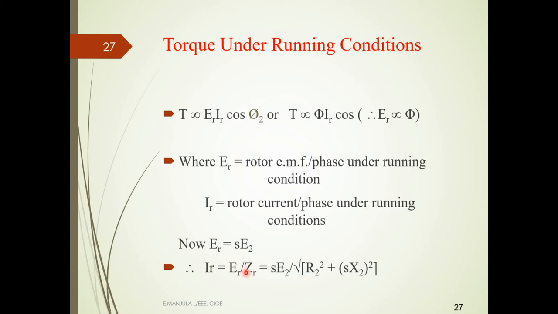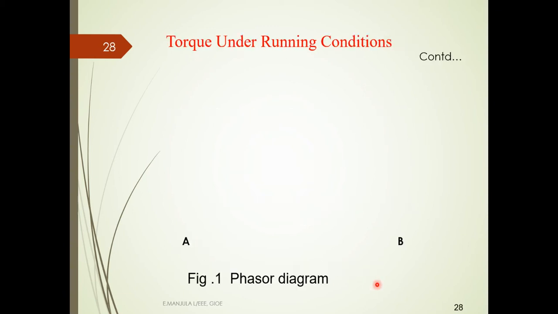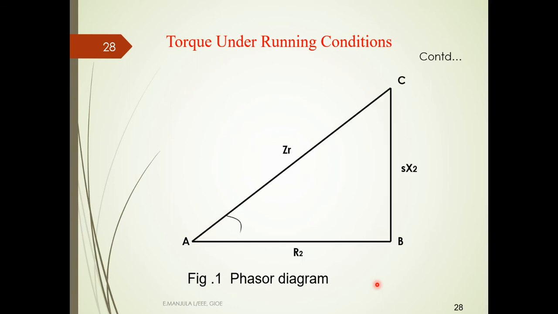is equal to ER divided by ZR, which is equal to S times the standstill EMF divided by Z, which is the square root of R2 squared plus SX2 whole squared. So this is in a triangular way.